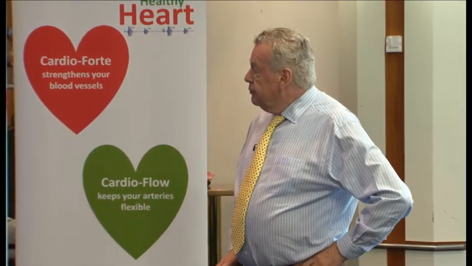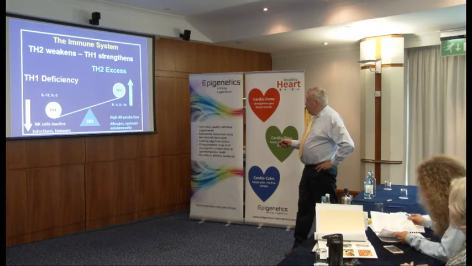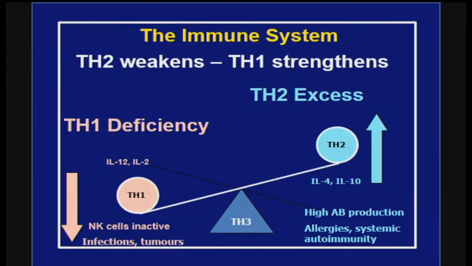And in the middle, you've got your T cells, your killer cells. So do we steer it this way towards intracellular pathogens, or that way to extracellular pathogens? That's basically the Th1, Th2. Here we see that one again: Th2 excess, which is more common, Th1 deficiency.